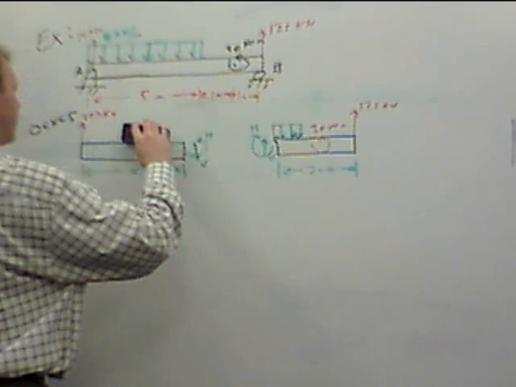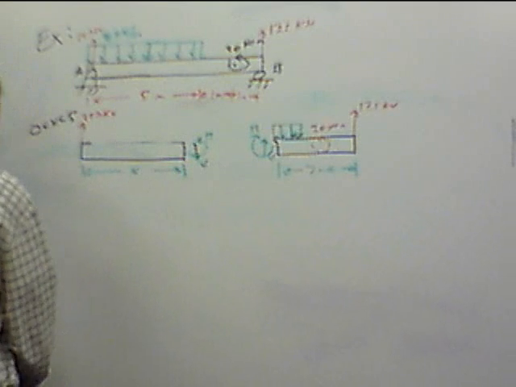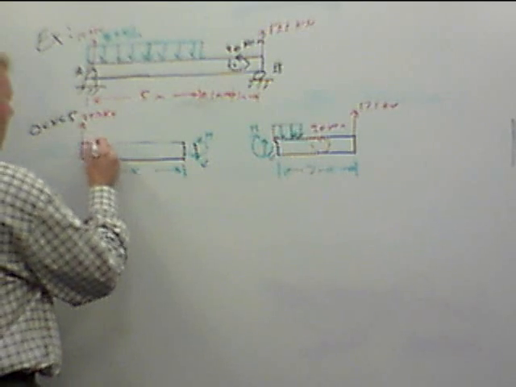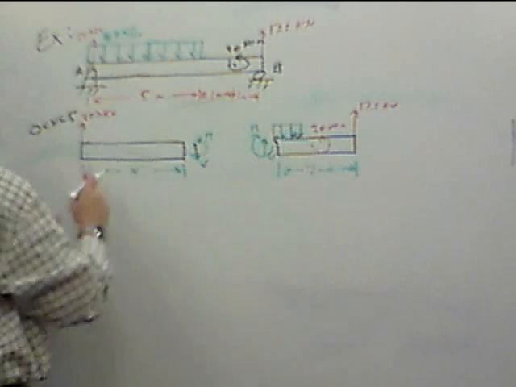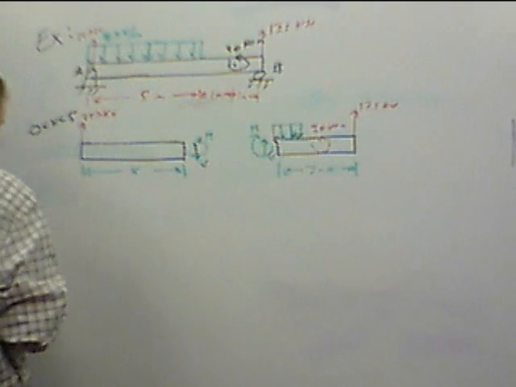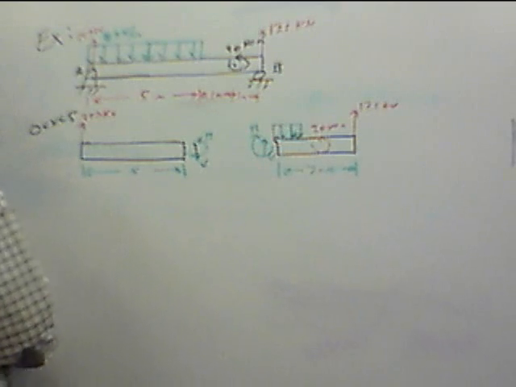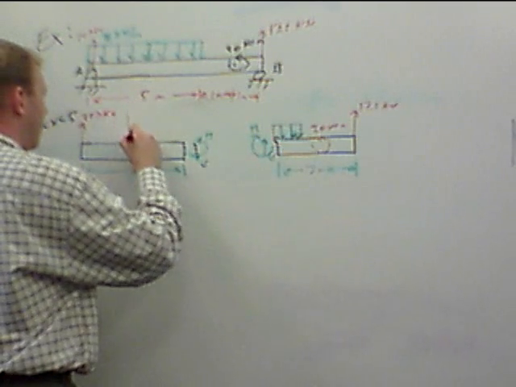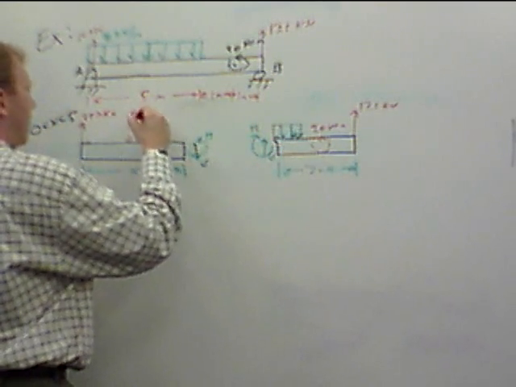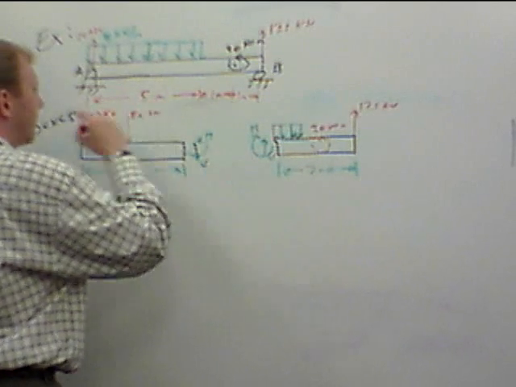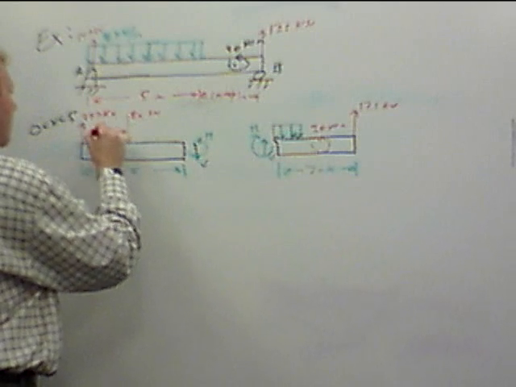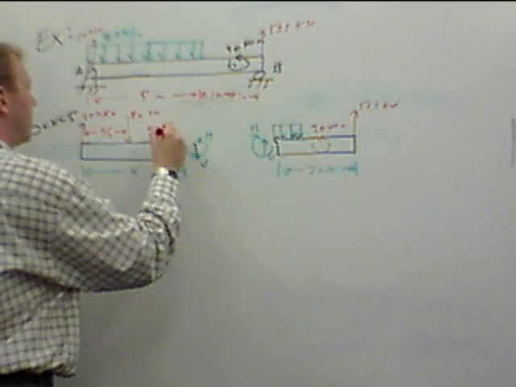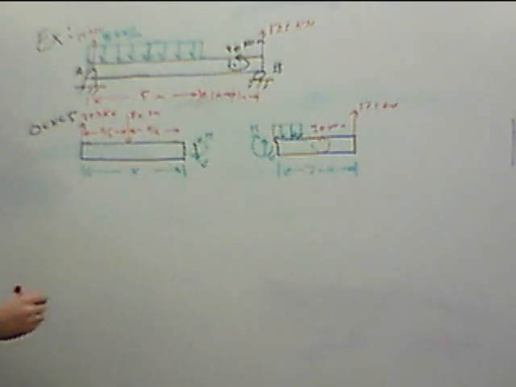Well, the individual force is equal to the area of that rectangle, which is 8 kilonewtons per meter times x meters. So this force ends up equaling 8x kilonewtons, and it's acting at a distance of x over 2 from either side.